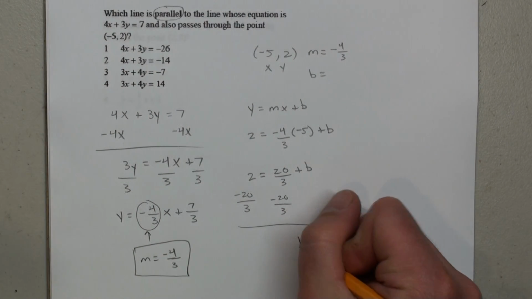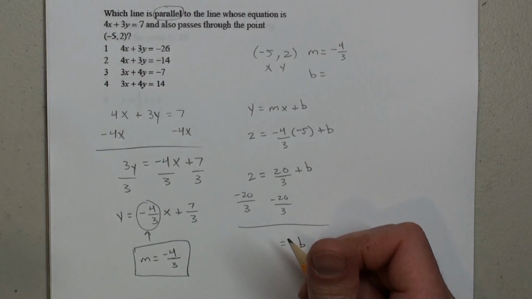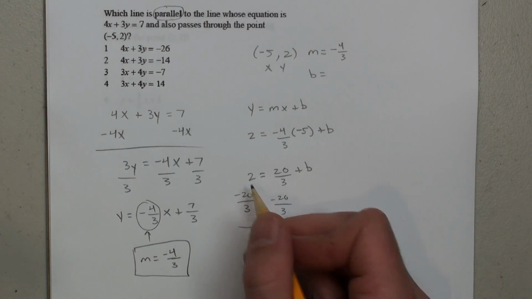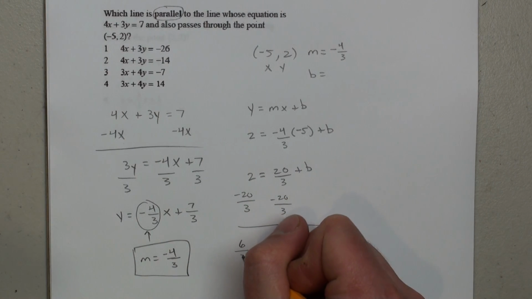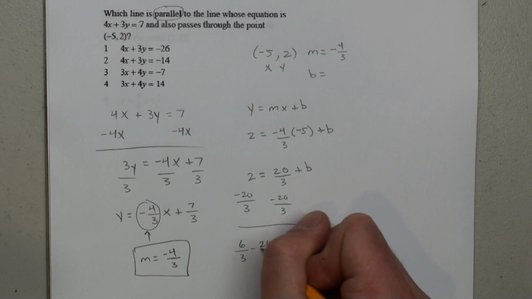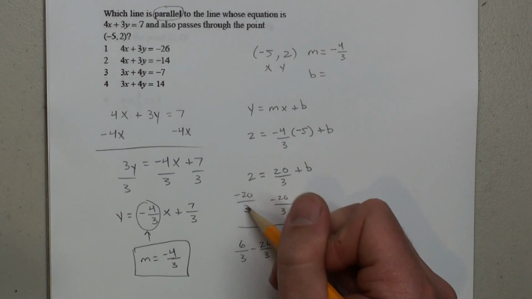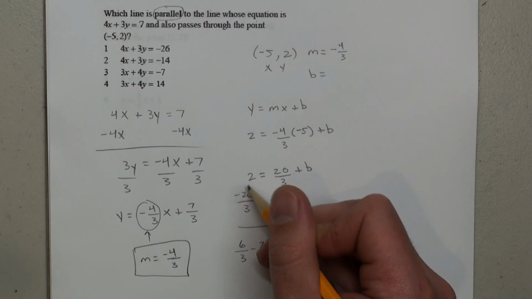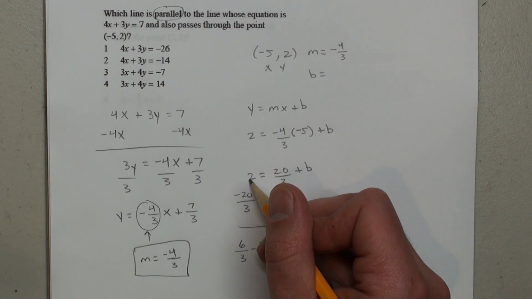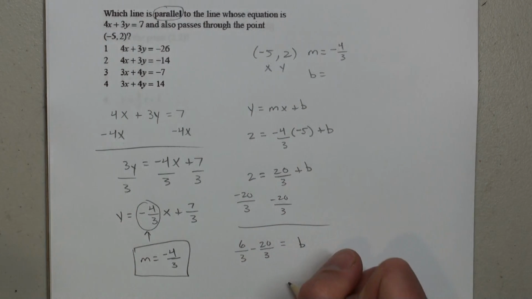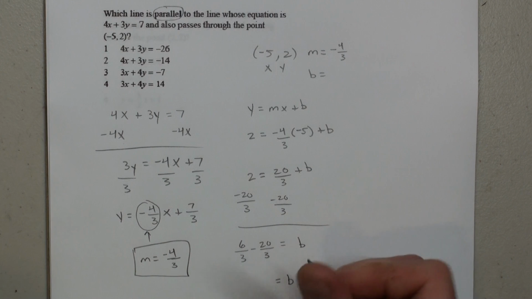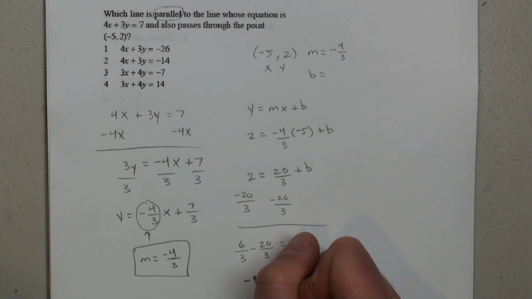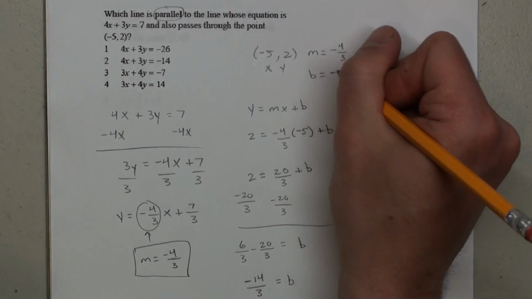That's not fun. B equals 2 I could put down as 6/3 minus 20/3. You see what I did? It's 2 minus 20/3. But they have to have the same denominator, so I turned 2 into 6/3. So now B is equal to negative 14/3.